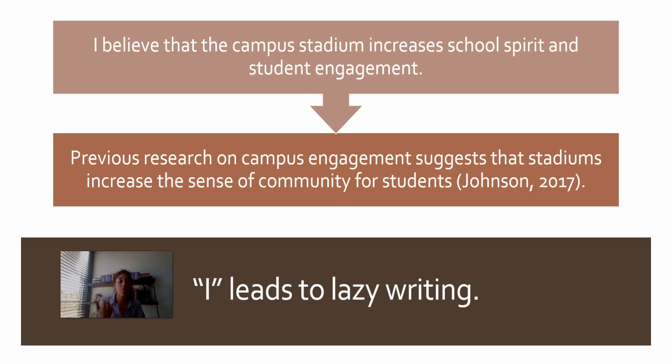So by removing your ability to say I, it just forces the data to come to the forefront, right? So that same sentence without I is: previous research on campus engagement suggests that stadiums increase the sense of community for students, right? So it's the same sentiment, but so much more impactful. The data is front and center, right?